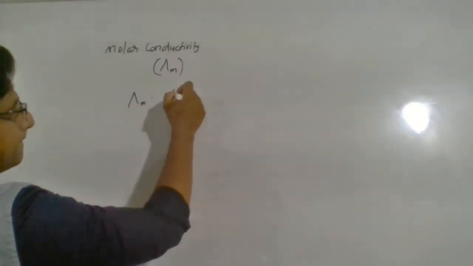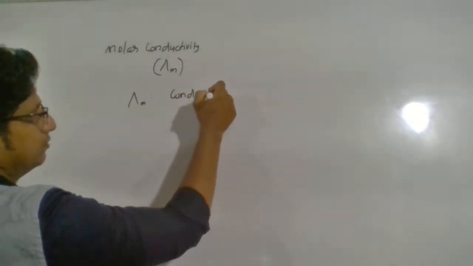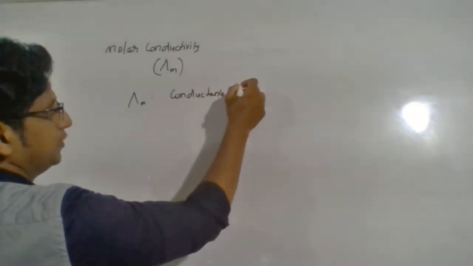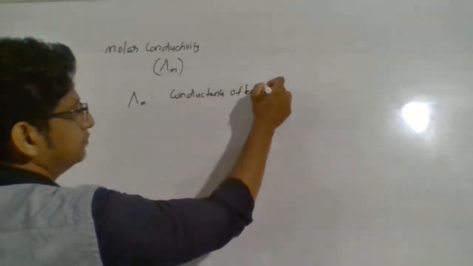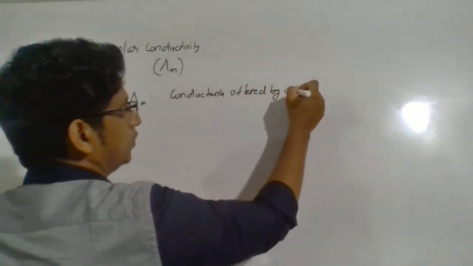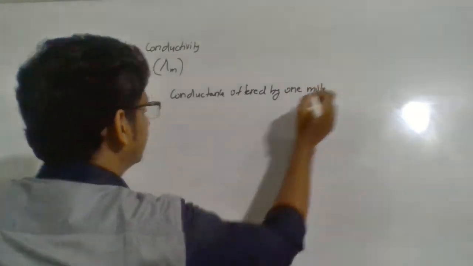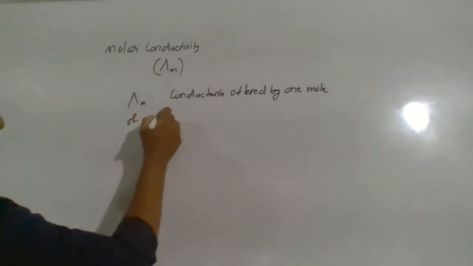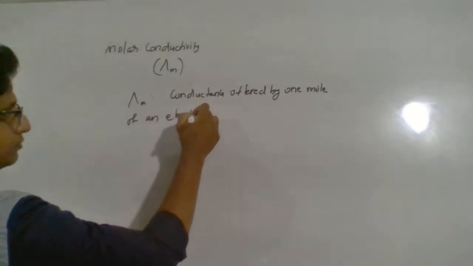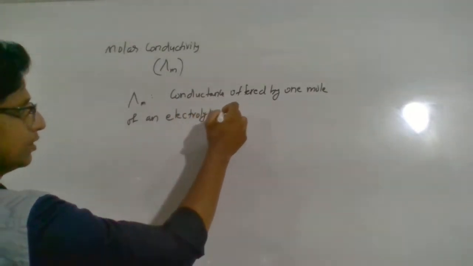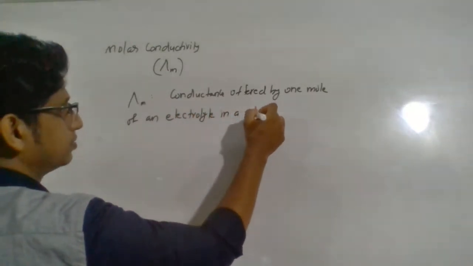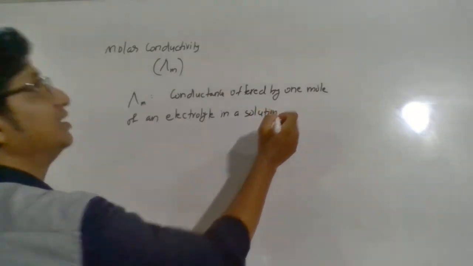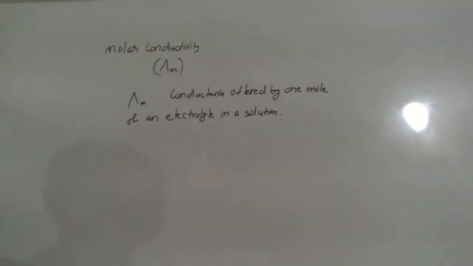So lambda m is the conductance offered by 1 mole of an electrolyte in a solution. That is what molar conductivity is all about.